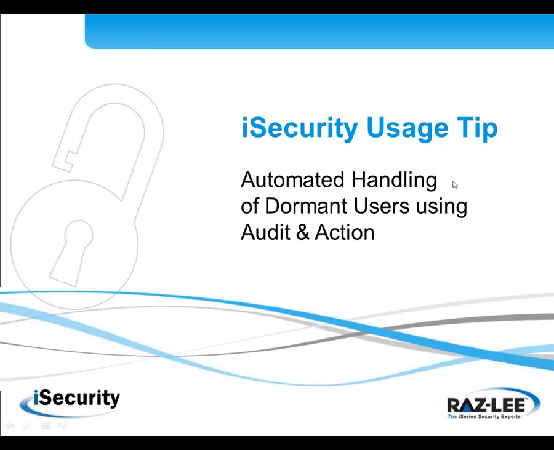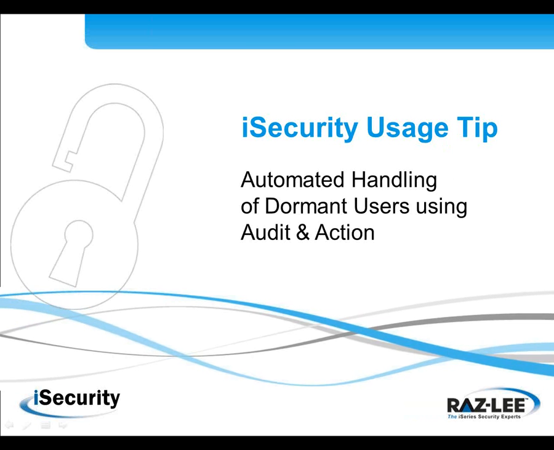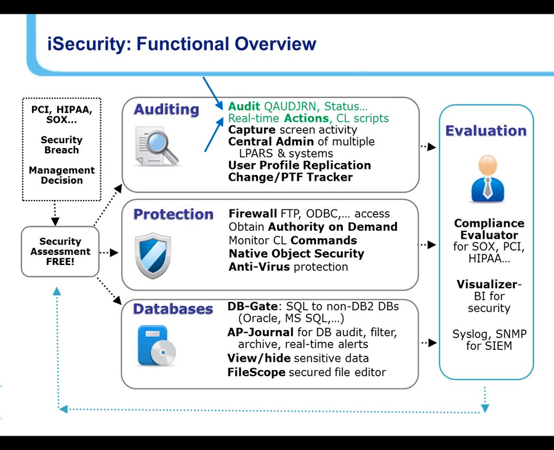So this usage tip is based upon two of Raz-Lee's numerous security, auditing, and compliance products. Audit, which monitors and reports on entries appearing in the system journal, that is, in QAUDJRN, and Action, which initiates real-time alerts that can be emailed to a list of recipients, sent as a syslog message, SNMP, operator message, text message to a smartphone, or even a Twitter message.